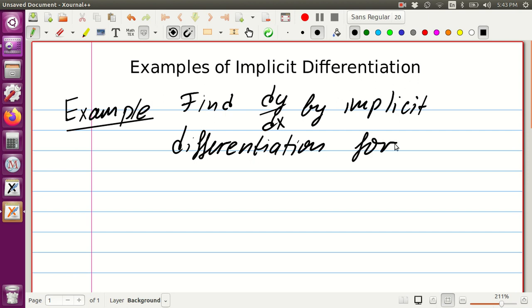And the function that we're going to deal with is x squared plus xy minus y squared equals 2.